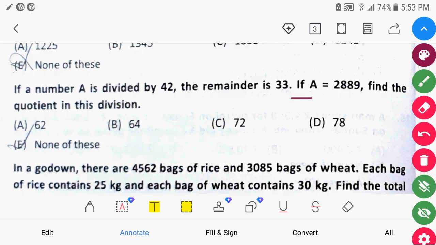A is given to you, 2889. It is divided by 42. Quotient is asked. Remainder is 33.